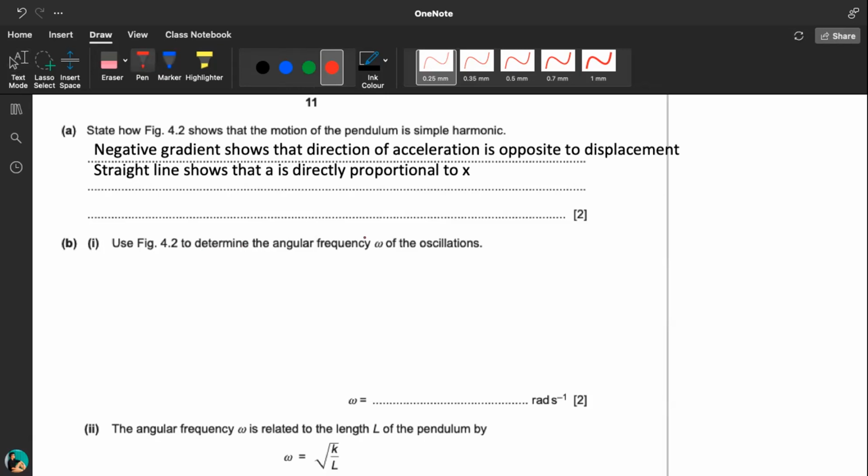Use the figure to determine the angular frequency of oscillations. Okay, a equals minus omega squared x. And then the gradient of the graph, a equals mx. This one is the same as this one.